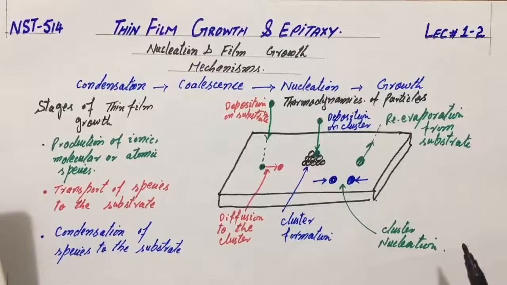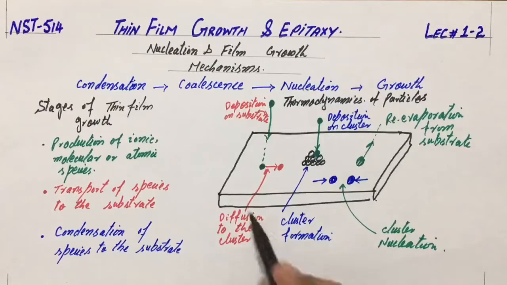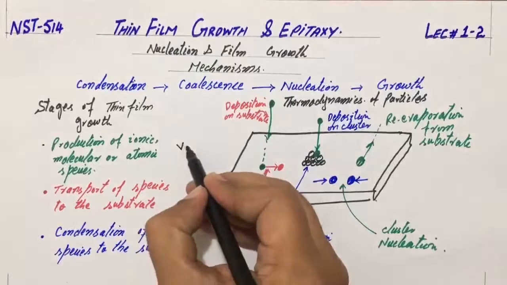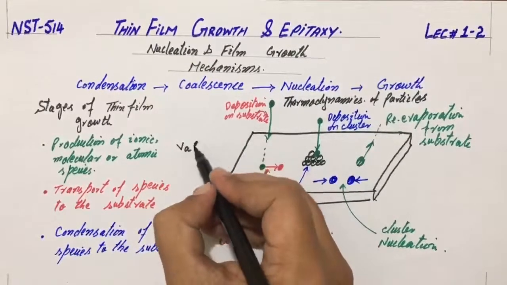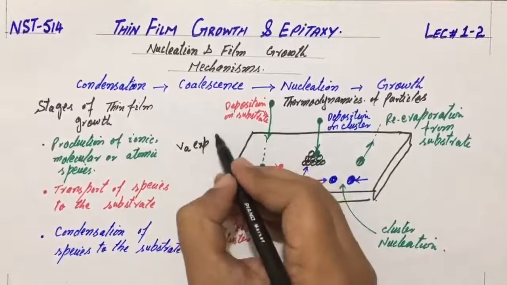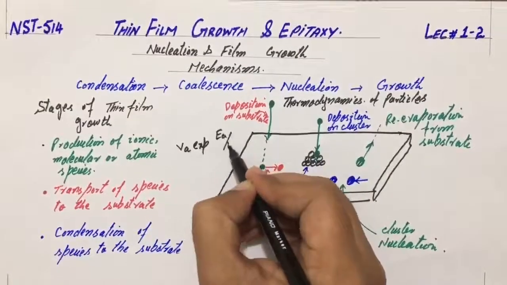When atoms are physisorbed, they can migrate on the surface and interact with each other as well as with the substrate atoms. So these interactions determine the morphology of the growing film. The rate at which the atoms are adsorbed to the surface obeys the Arrhenius type of equation, which we have already discussed, that is equal to A times exponential of minus EA over kT.